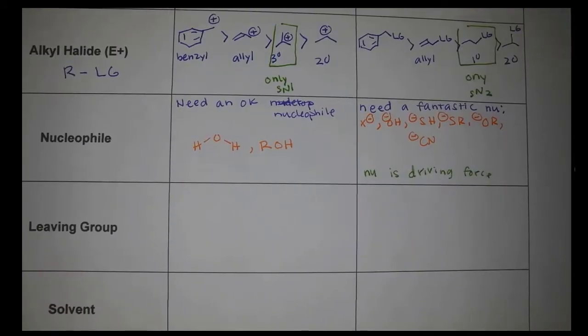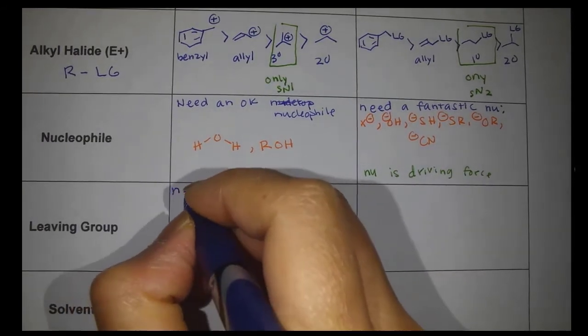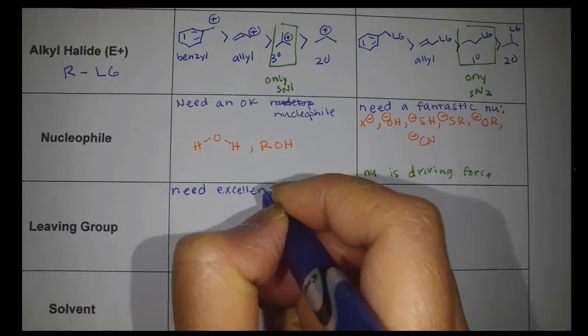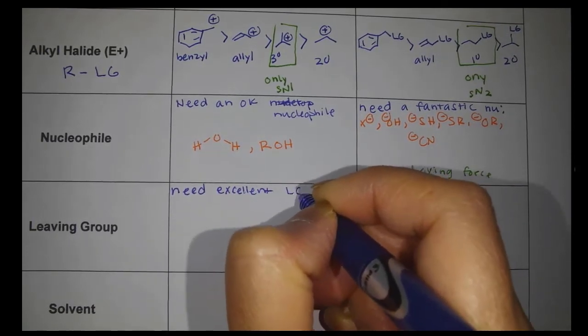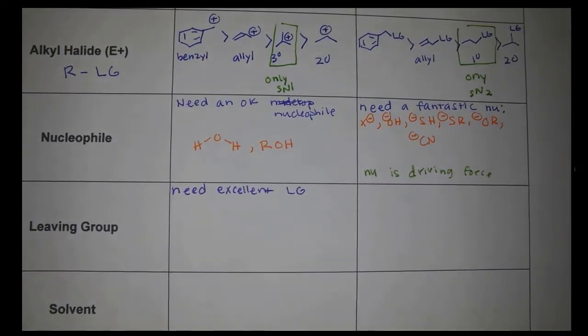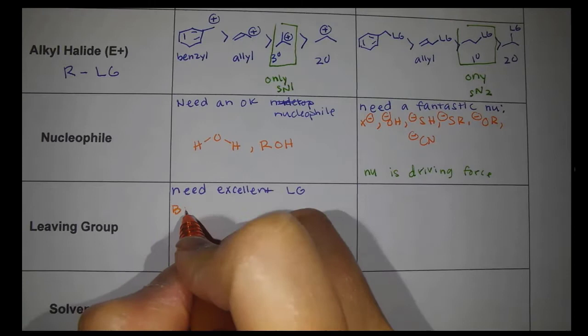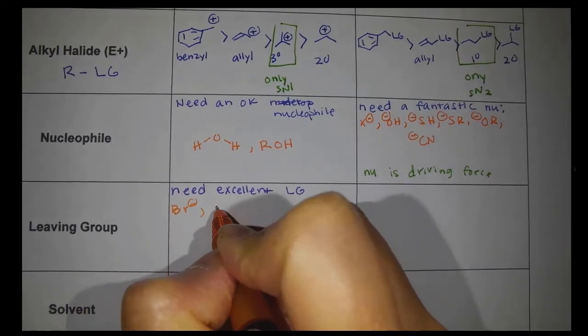For your leaving group, however, that's kind of the opposite. For SN1, you need to have an excellent leaving group. If you're going to send yourself out or leave the house, you should be prepared. You want to be able to stabilize your negative charge.